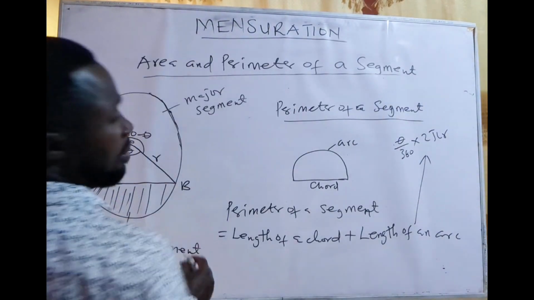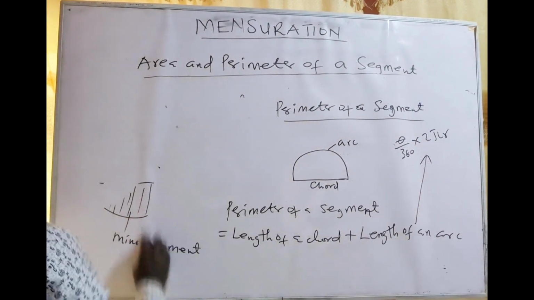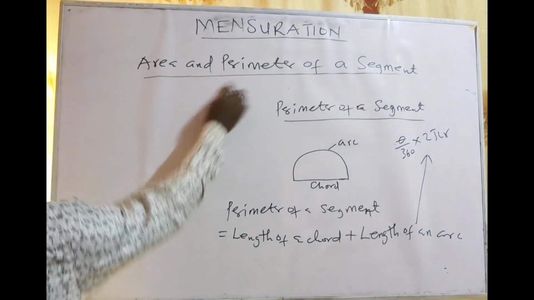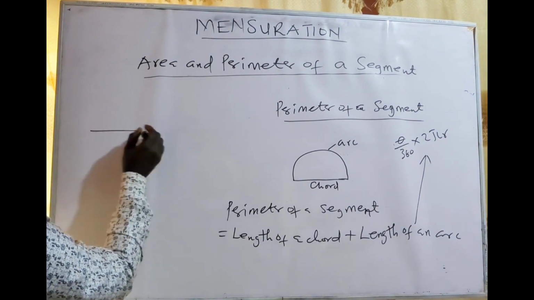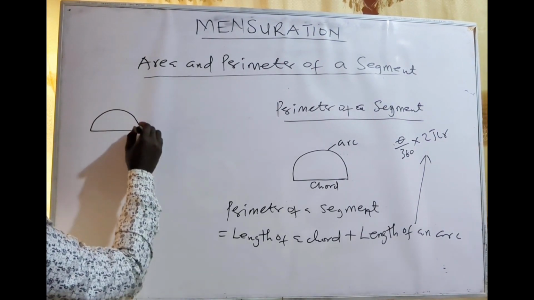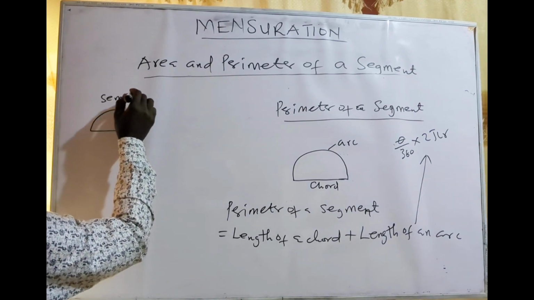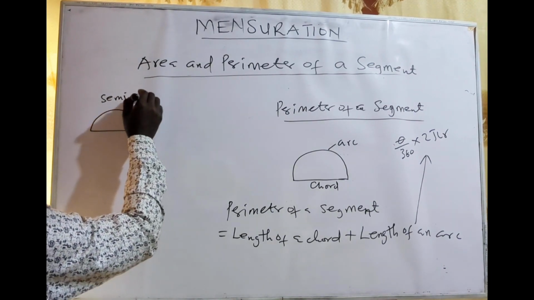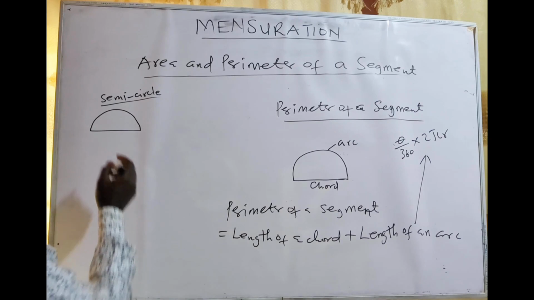Since we are talking about perimeter, let's remind ourselves a little before we bring our lesson to an end. If you have a semicircle, how do I find the perimeter?